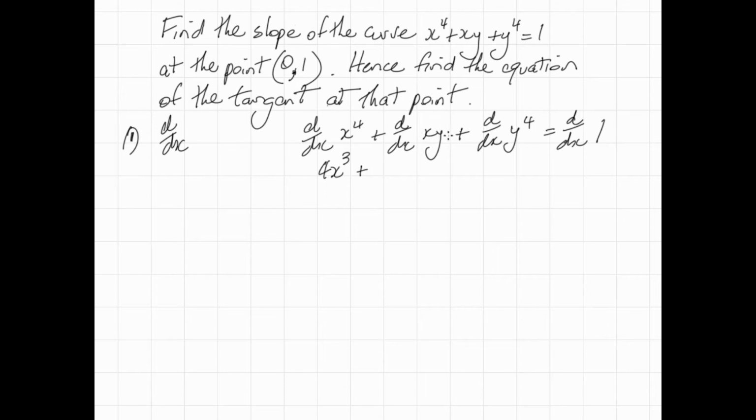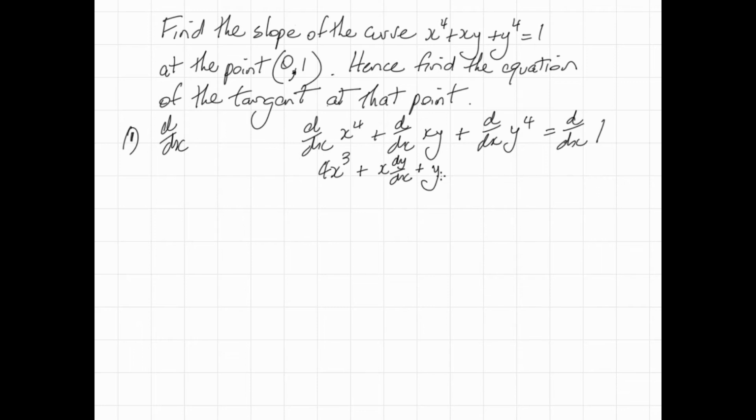plus, now here we have a product of two functions, x is a function, y is a function, so we'll use uv. It'll be uv dash, so it'll be x dy/dx, plus u dash, which is just equal to 1, and v will be y.